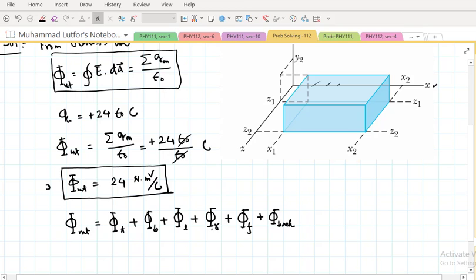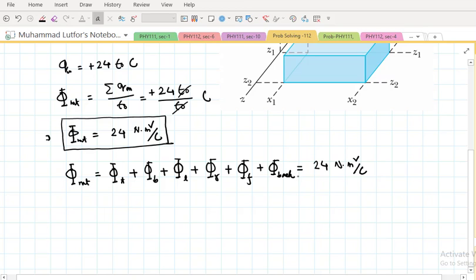I write back because I use small b for the bottom surface. That must be equal to 24 newton meter squared per coulomb. So this is the net flux.